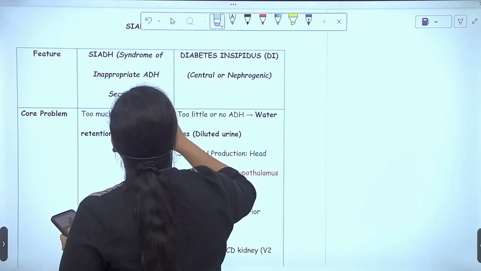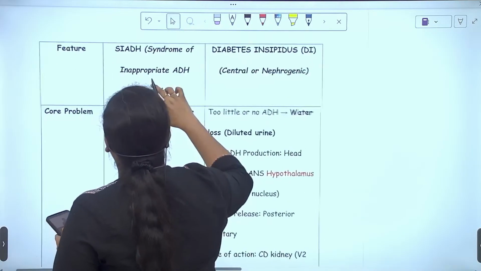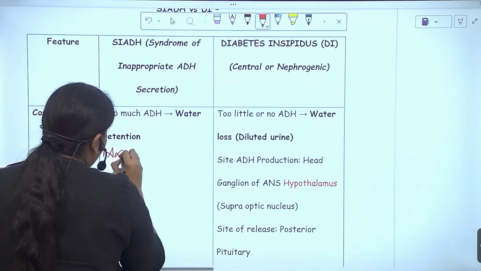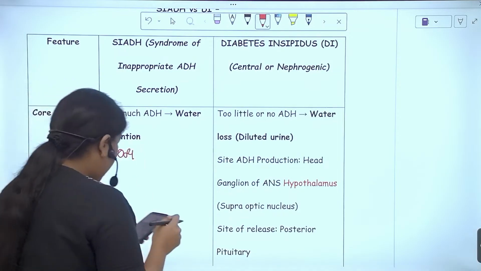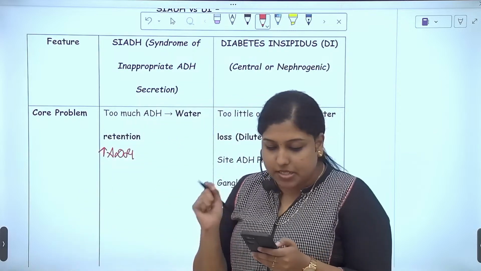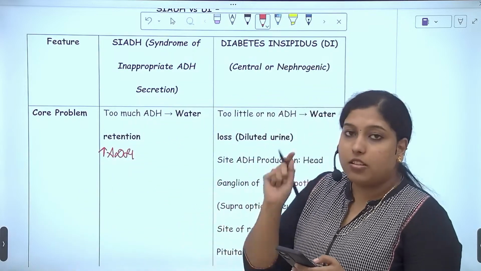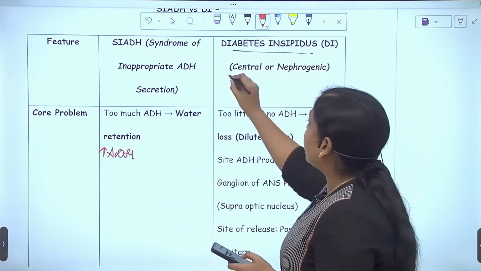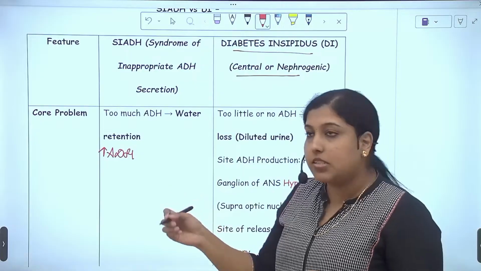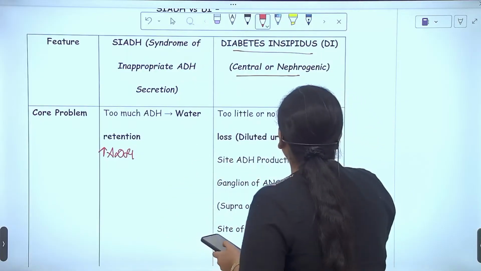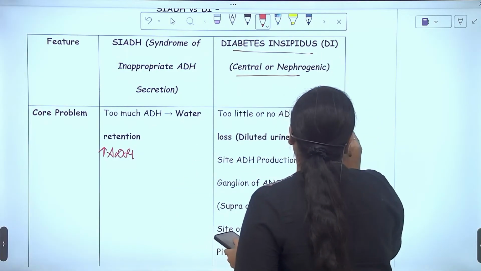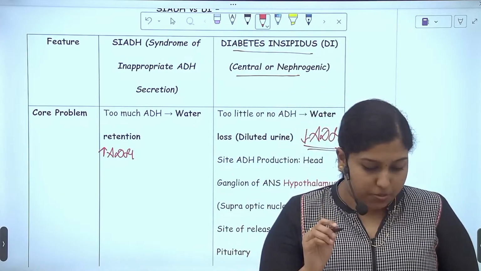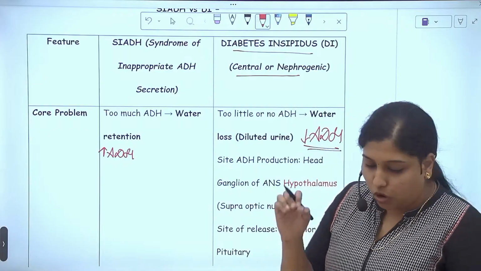On the other hand, we were discussing the other condition that is exactly opposite to SIADH, that is diabetes insipidus. Diabetes insipidus will have decreased ADH production.